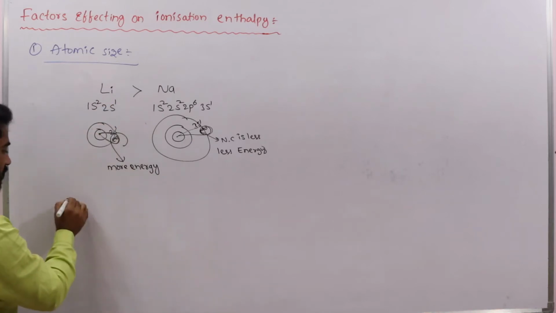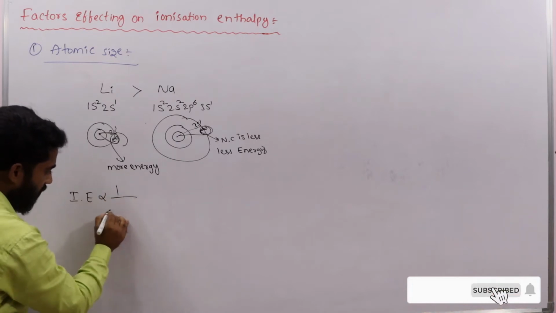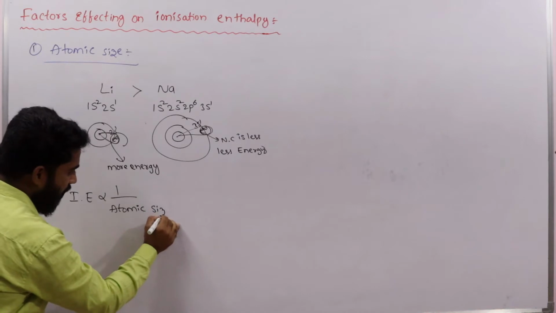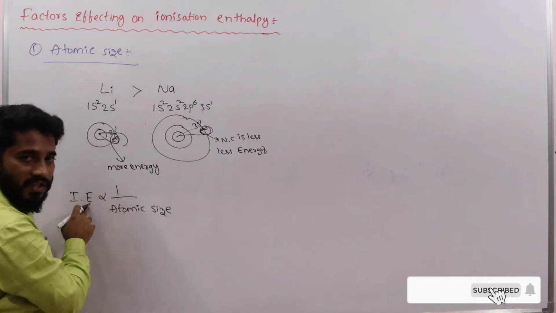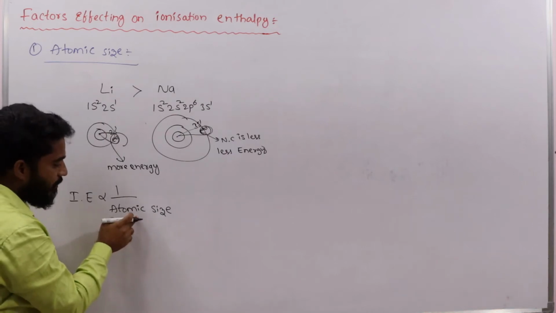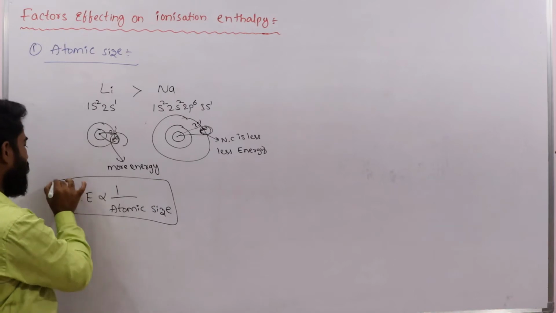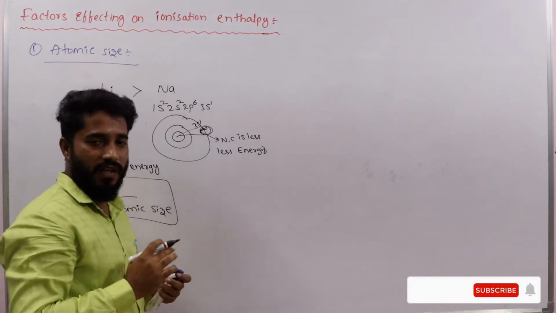So ionization enthalpy is inversely proportional to atomic size. As atomic size increases, ionization energy decreases. As atomic size decreases, ionization energy increases. This is the first factor affecting ionization enthalpy.